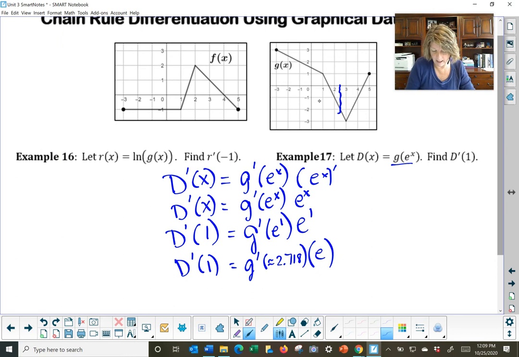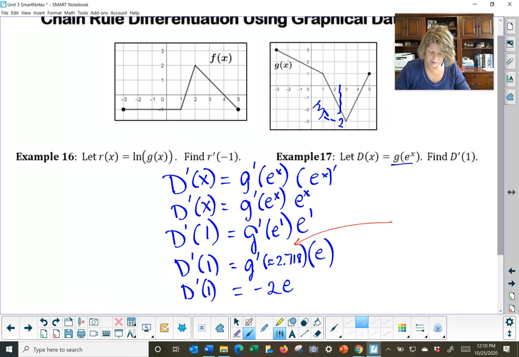Somewhere along this line, the slope along that line is negative 2. So I can do this problem. You would have thought it would have been difficult. D prime of 1. Let's give ourselves a reminder that this was the slope at e, which is about 2.718, and then we could look it up on the graph.